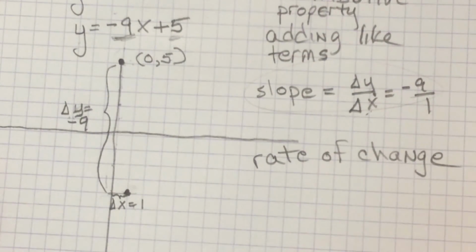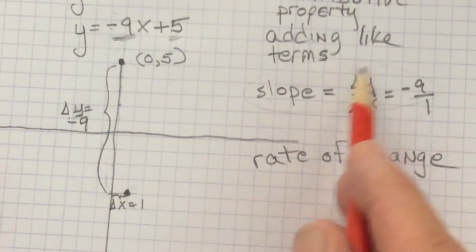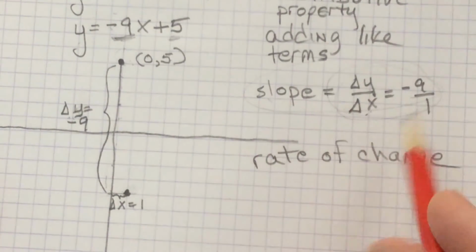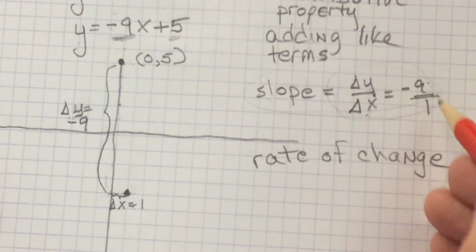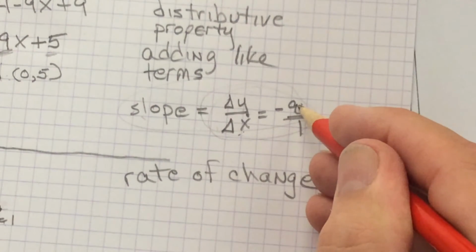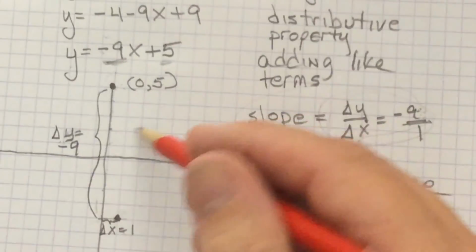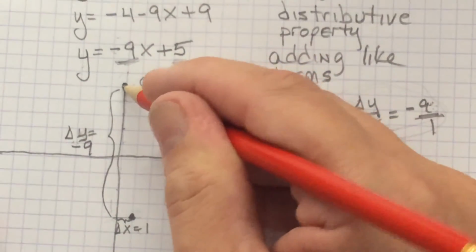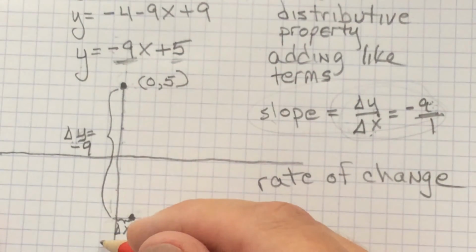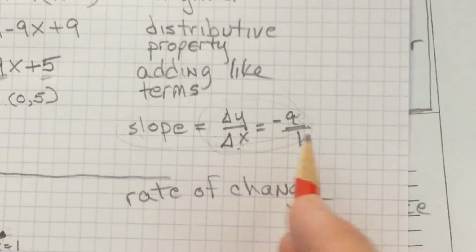Yeah? This all makes sense, but for the -9, how do you know to go 9 down to 9 to the left? Because slope is the change in y over the change in x, and -9 is equal to -9 over 1. So this is going to be my change in y. And when I come over here to change my y, that means I'm going to go down, because y is up and down. Oh, the -9 is just for the y. And the 1 is for x.